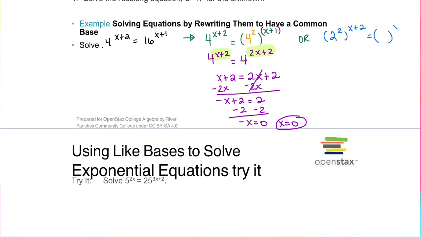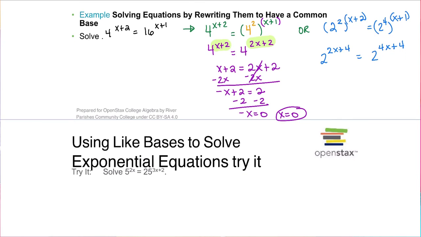And 16 to the x plus 1, 16 is really 2 to the 4th power. And then we'll do the same thing, the rule where we multiply the exponents. So this is really 2 to the 2x plus 4. And on the right I have 2 to the 4x plus 4.